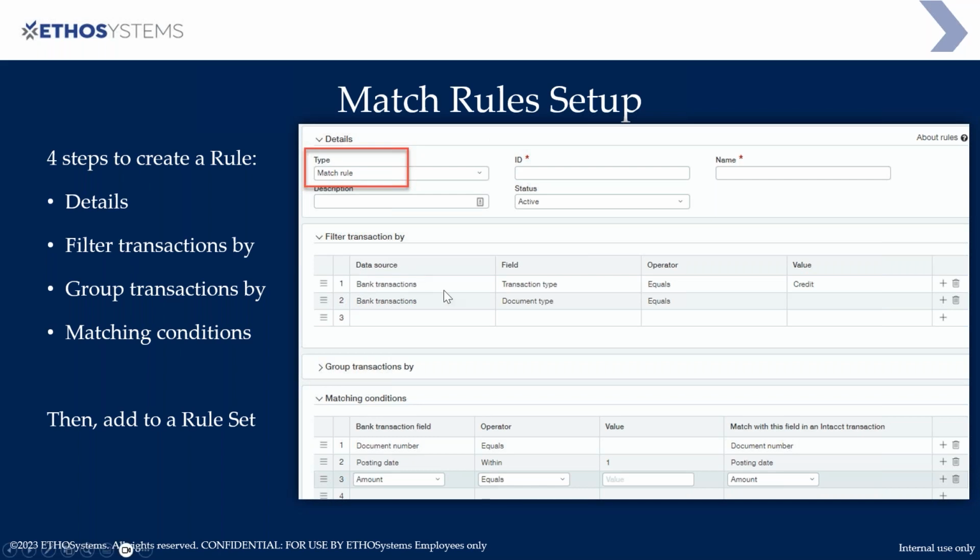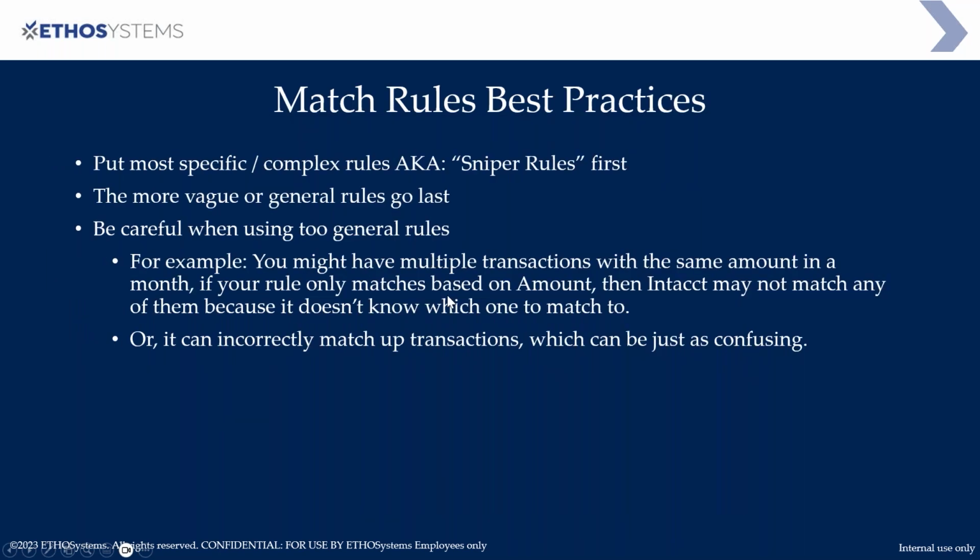Now, we do always have a few challenges here, and these are kind of like the best practices. Always look for what they call sniper rules, or very specific rules. Create those rules first. For example, when my payroll is this, make a matching rule for my payroll.